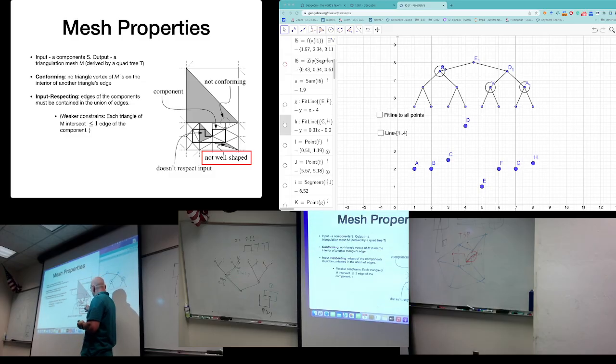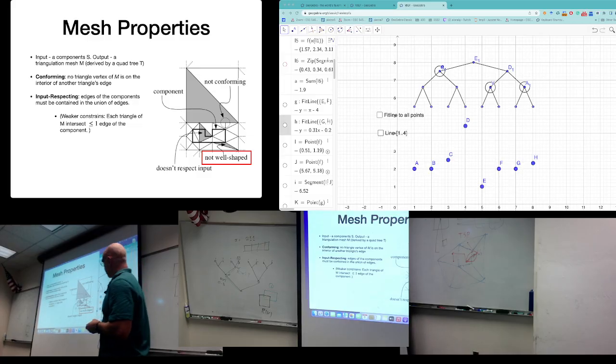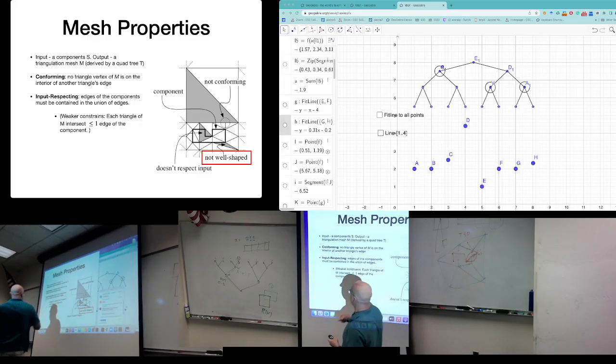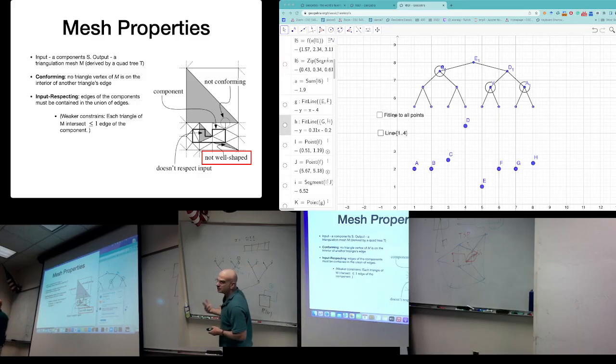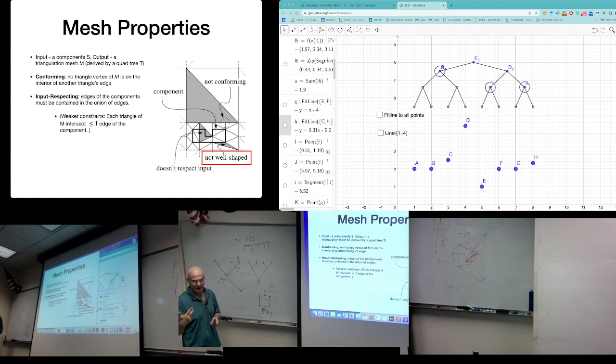I'm not following an edge and suddenly entering a triangle in the middle. You can replace it with weaker requirements, like that every triangle will intersect only one edge of the component.